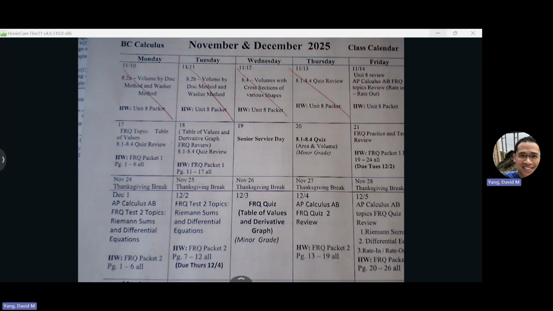And then the second review packet will count 50% towards this quiz grade. And then the multiple choice packet will count 50% towards your last quiz. So for instance, assuming that you get 50 out of 50 for this packet, and then let's say you got 40 out of 50 on this, which is 80%, that ends up being a 90.